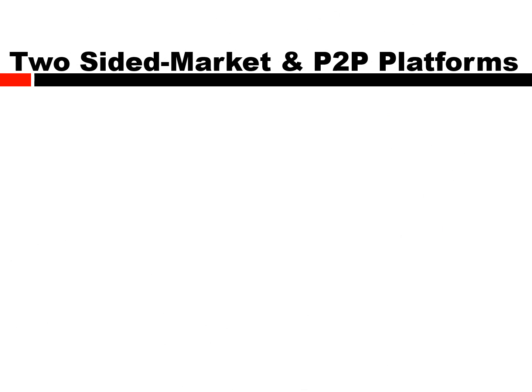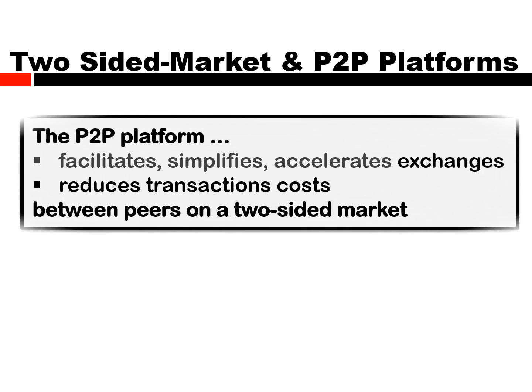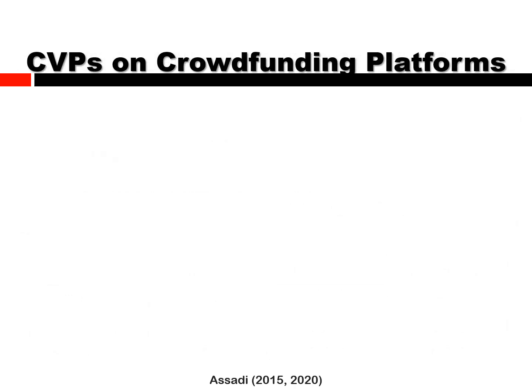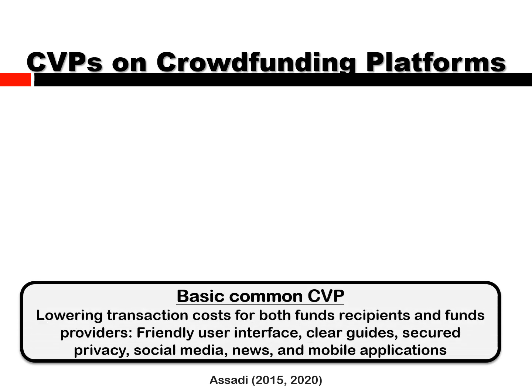This is what we call two-sided markets. I refresh your memory because we have started them. For example, for crowdfunding, you should define it for both of them. There is the basic common customer value proposition. Crowdfunding is a platform which attracts lenders and attracts borrowers and facilitates transactions between them.